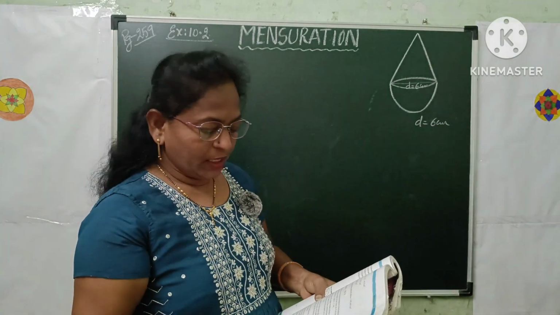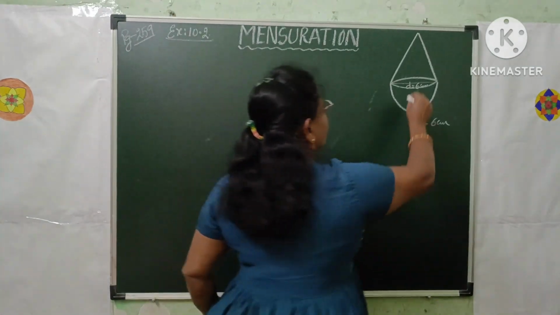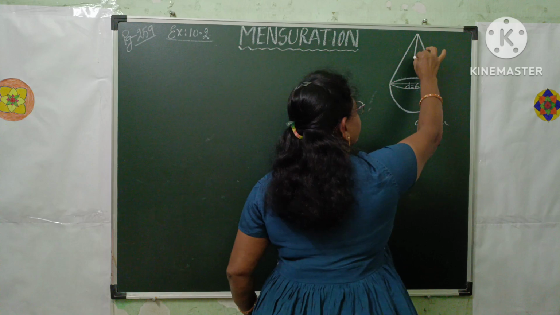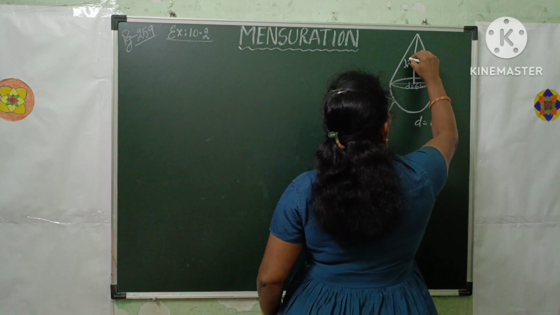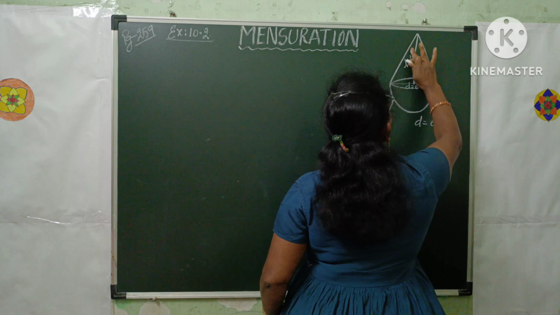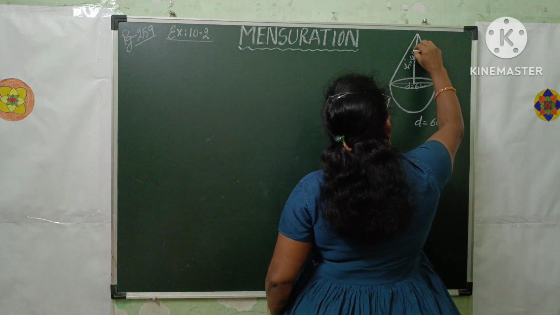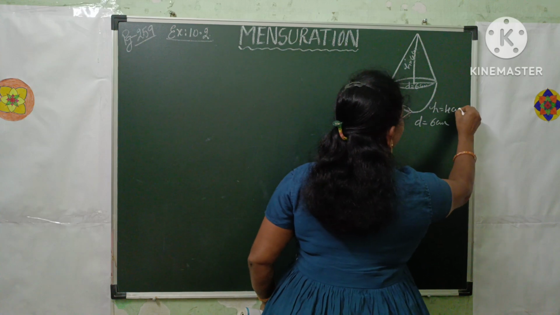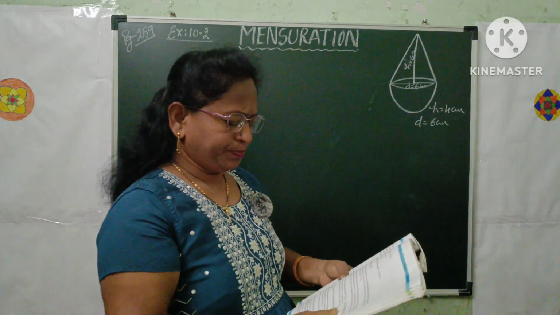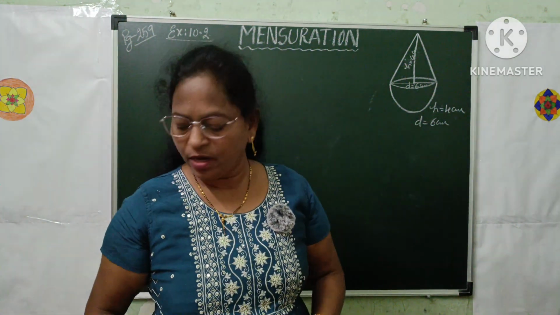Next, height is 4 centimeters. Height equal to 4 centimeters. Next, determine the surface area of the toy.